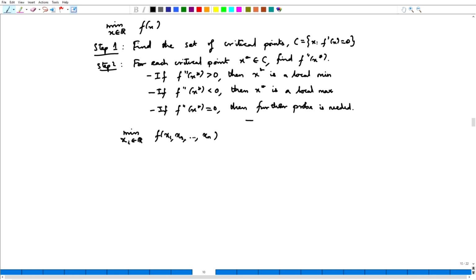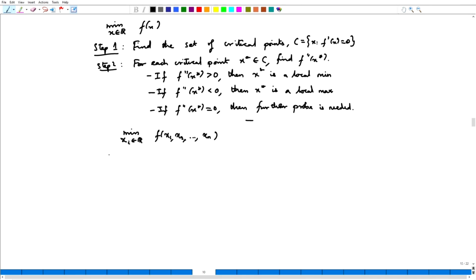We actually want to find the vector x1, x2, dot dot dot, xn, instead of finding a scalar. So, how do you approach this problem? It will be just an extension of the procedure that I have given above.